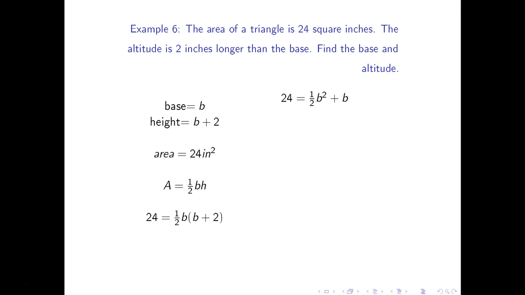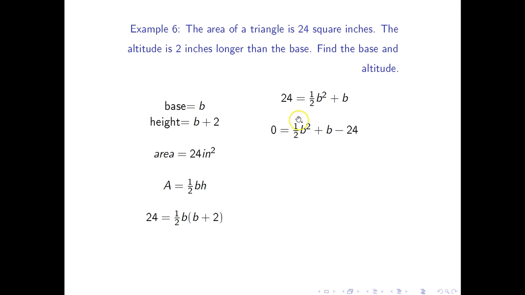If we have B, then finding the height is not a huge step past. So to do this, let's multiply that out. 1/2 B times B is 1/2 B squared. But notice 1/2 times 2 turns into 1, so you're just left with B over here. So I want you to go ahead and pause the video and finish solving this quadratic. Well, if you solved it, probably the first thing you did was move the 24 over, so minus 24.